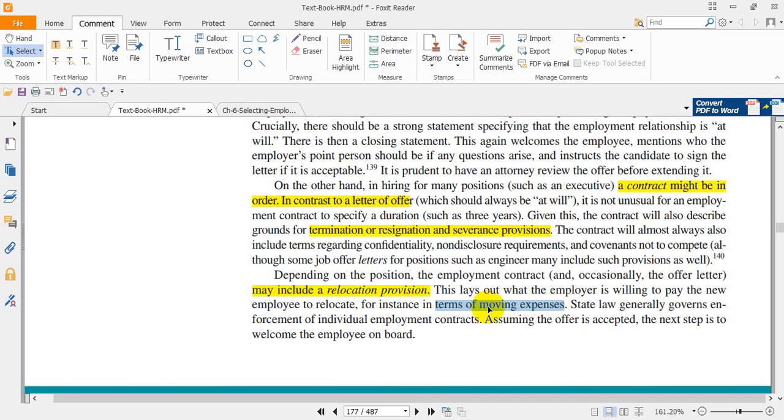Okay, clear? State law generally governs enforcement of individual employment contracts, assuming the offer is accepted. The next step is to welcome the employee on board.